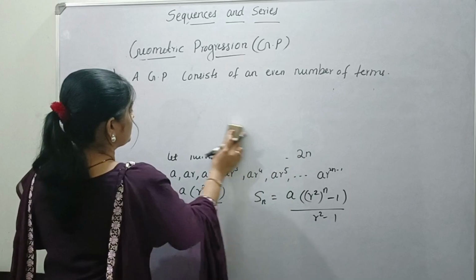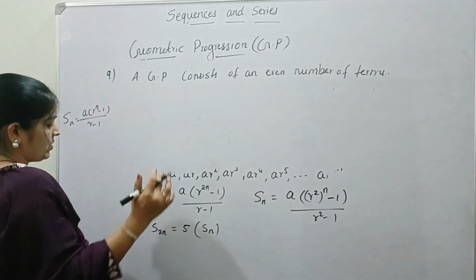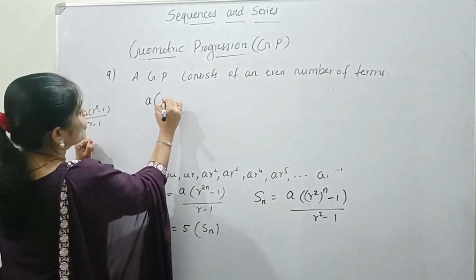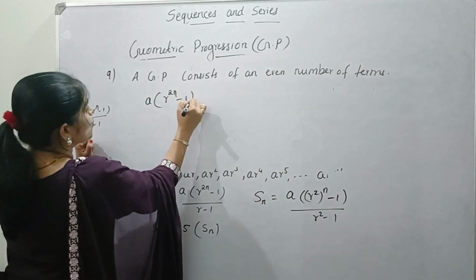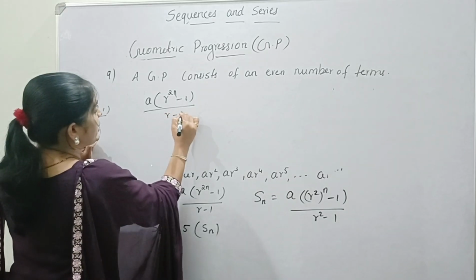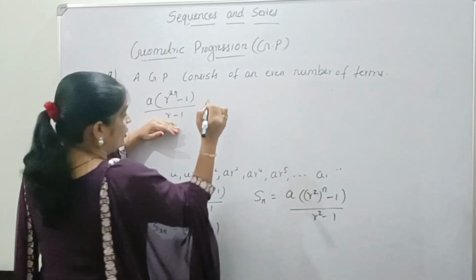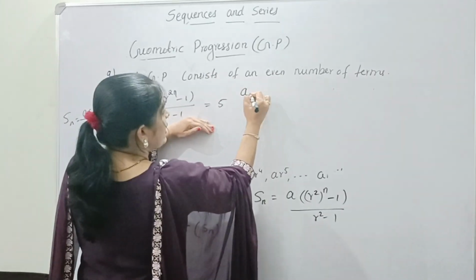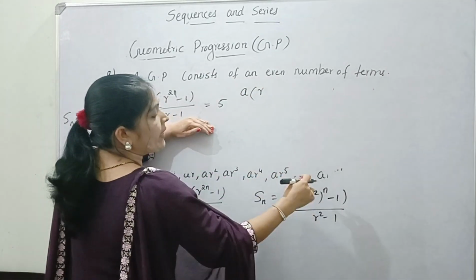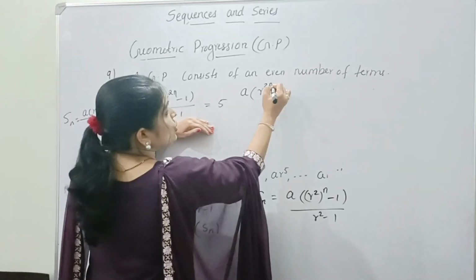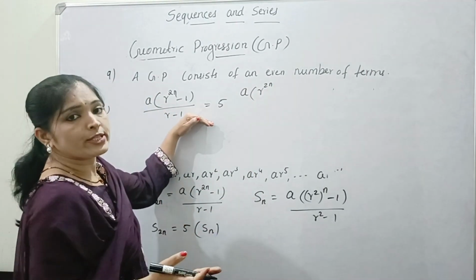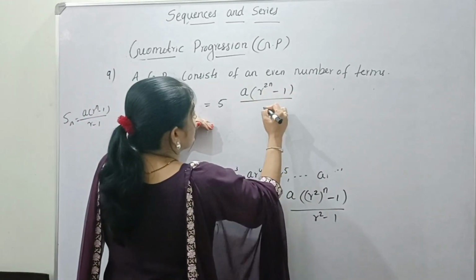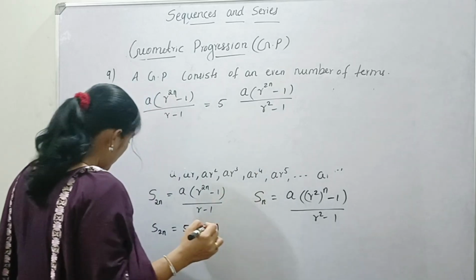S2n is a into r raised to 2n minus 1 divided by r minus 1, equal to 5 into Sn, that is a into r square raised to n, which is r raised to 2n, minus 1 divided by r square minus 1.